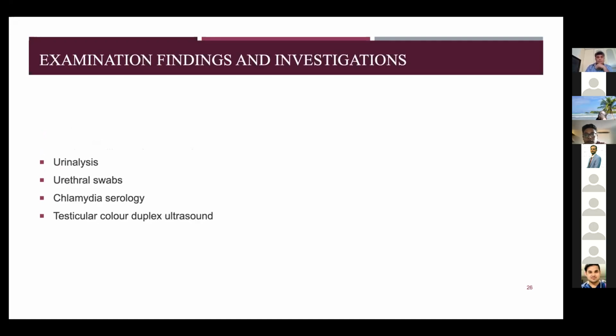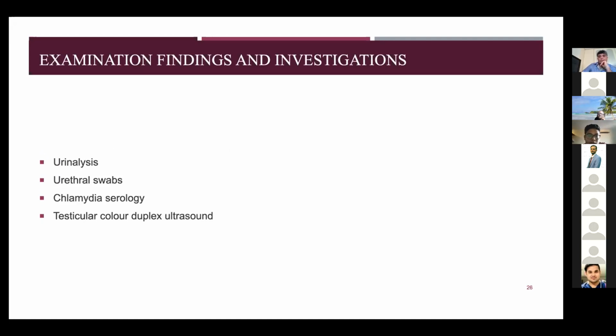So moving on to examination findings and investigations, a urine dip should always be done, which may show evidence of pyuria. Urethral swabs and serology for chlamydia and Neisseria should be sent if a sexually transmitted infection is suspected.